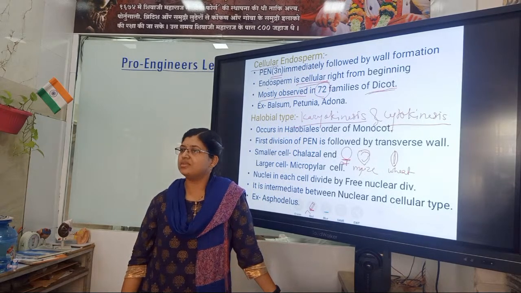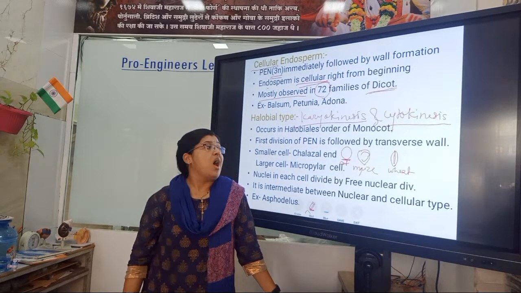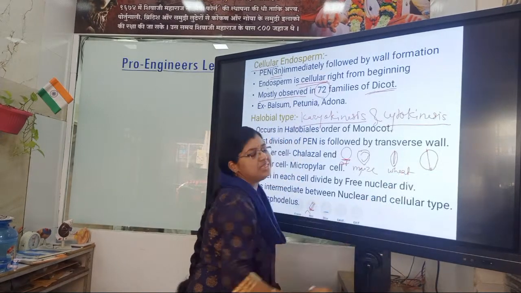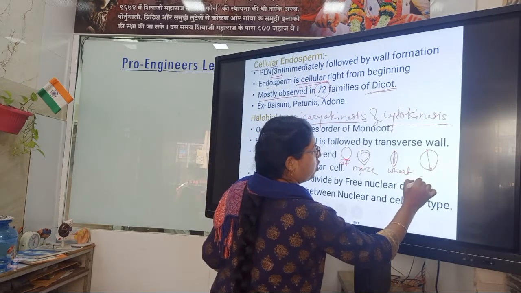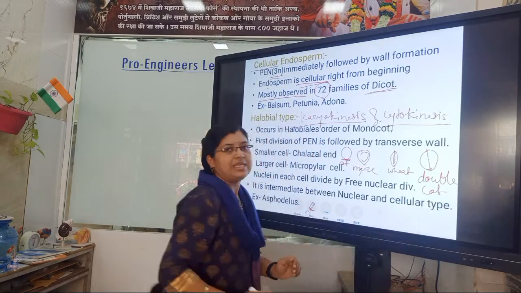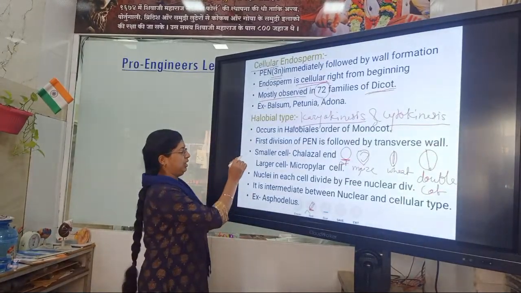Mango? Only one seed will be in a mango. Mango is called double cot, not double seeded, which means the cot is divided equally.